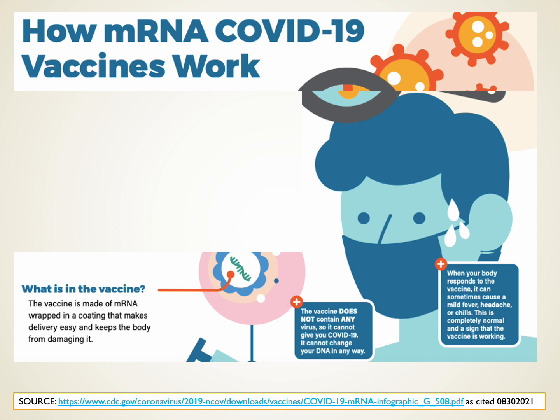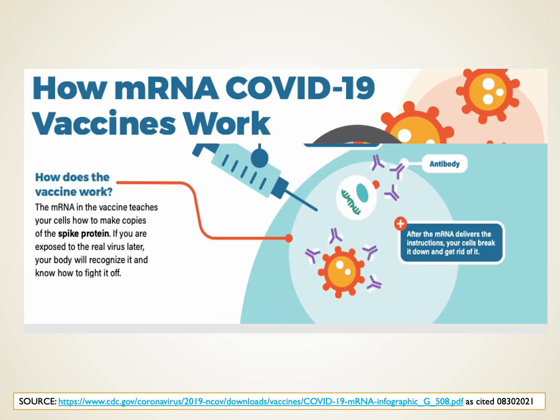The vaccine, which is made of mRNA wrapped in a coating to deliver it to the body in a way that allows it to be effective, then works at triggering ultimately the immune response to produce antibodies against the spike protein.